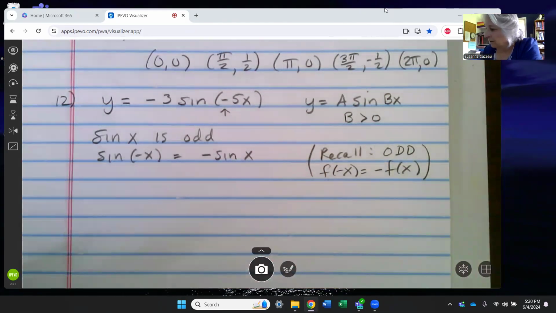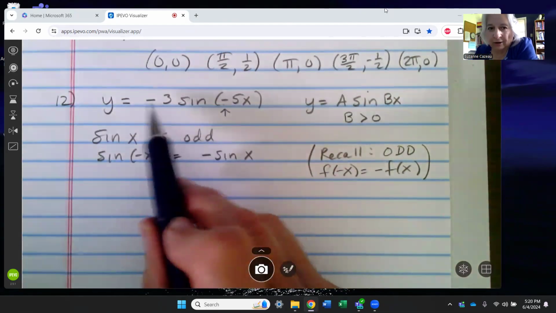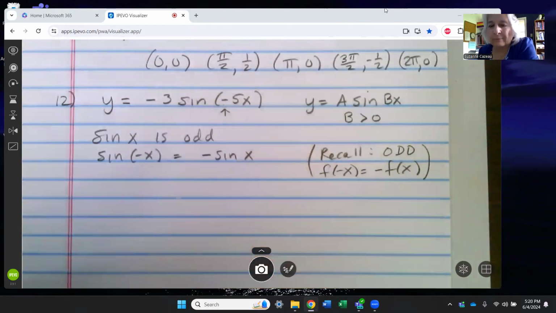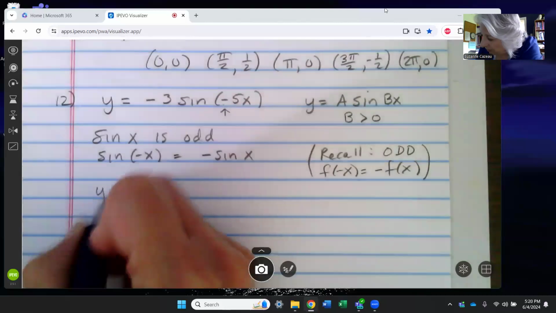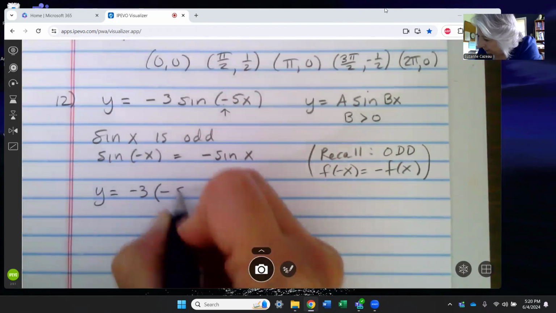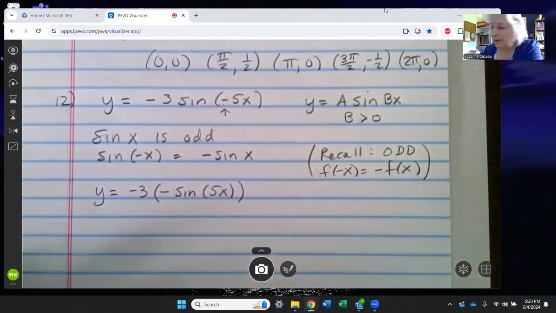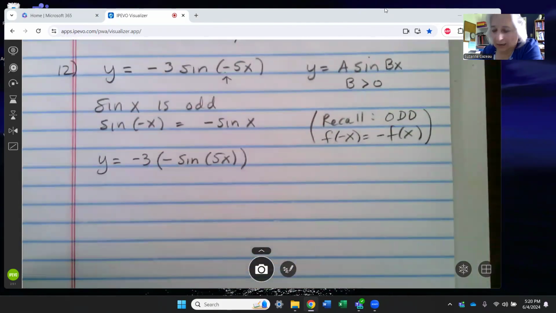Let's see, what else do I want to say about that? Nothing. Just that this negative is going to come out here, and then you're going to have a -3 times that negative, which is going to change the sign. So it becomes -3 times a negative sine 5x. I'm trying to spell it out a little bit better so you can see what's happening with the negative.